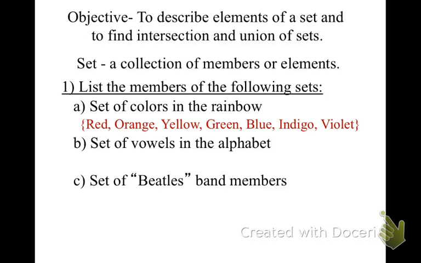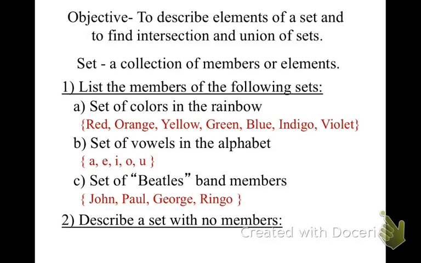The set of vowels in the alphabet has members A, E, I, O, and U. They're also called elements. And the Beatles: the elements, or members, would be John, Paul, George, and Ringo. So these are what we call elements or members.